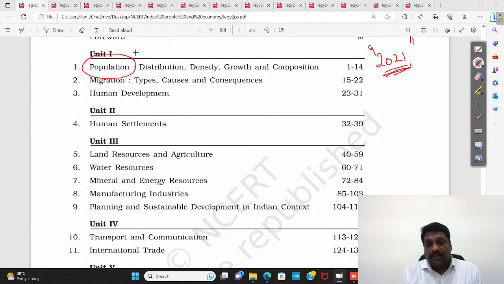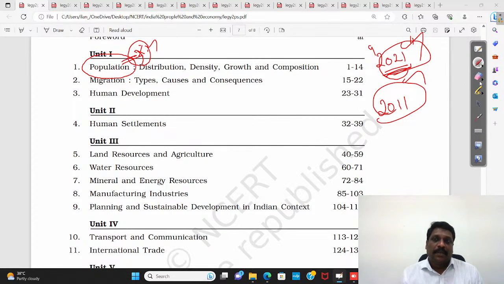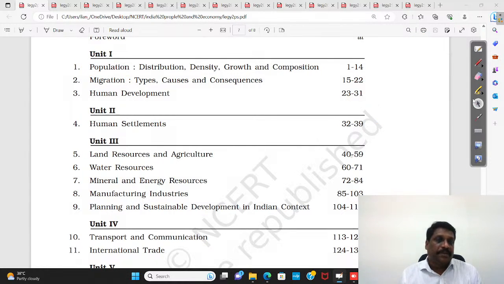And for population, we have to wait and take the data only from the Census 2021 data. Any other data we have now is obsolete, meaning outdated, because the last census we had was in 2011. So nearly 12 to 13 years, we are devoid of data.